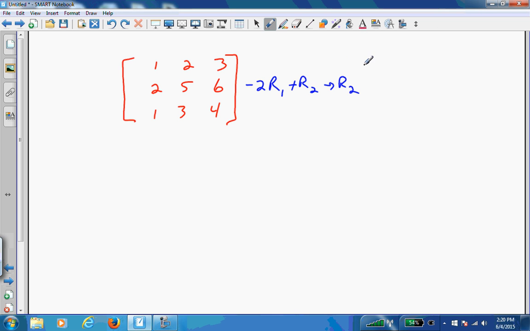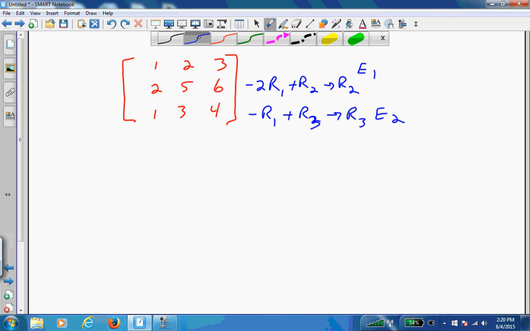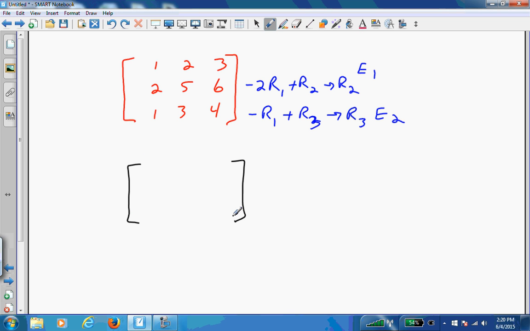And we're going to call that E1. Then, to make this a 0, we're going to do minus R1 plus R3, that'll be our new R3. We'll call that our second operation. So I'm just kind of doing these two together just to save us a little time.